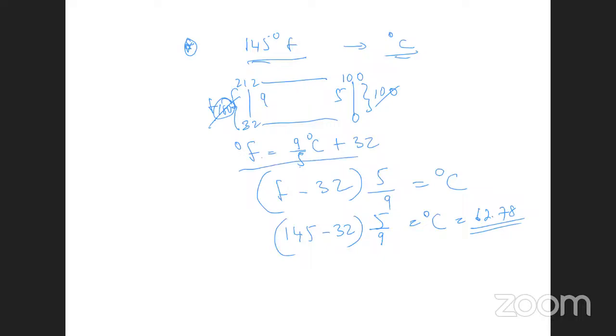So for this one, if you remember one formula, it's easy. But 9 divided by 5 is difficult, right? In day-to-day work, the easiest way is, whenever somebody tells you a temperature in Fahrenheit, because here in the US we use Fahrenheit, just take away 32 and then divide by 2. Why do I say divide by 2? It's the easiest way to get close.